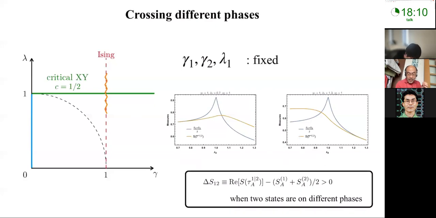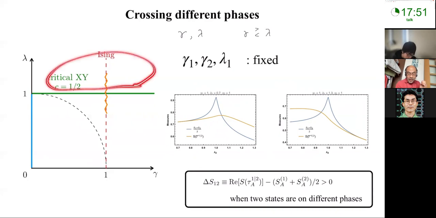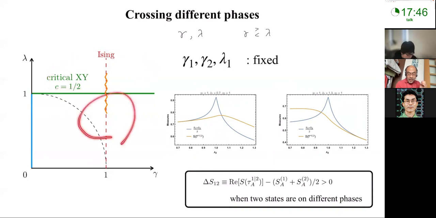Okay, so I should say we have two parameters in the Hamiltonian, gamma and lambda. Suppose lambda is larger than gamma, in this case we have this phase, and if gamma is smaller, we have another phase, and this green line corresponds to the critical line.